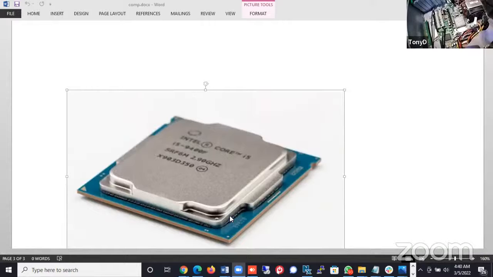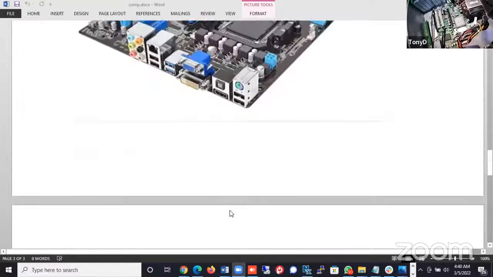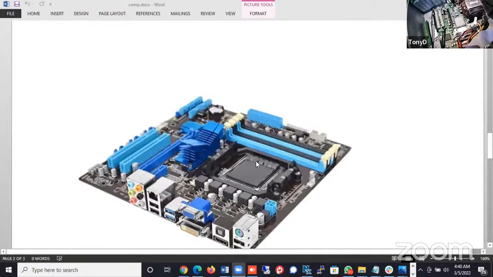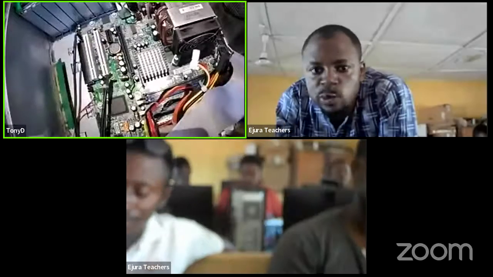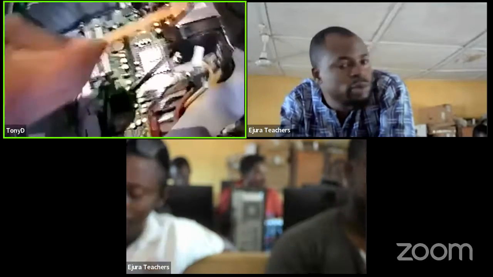And on the motherboard, it sits right here. It sits inside here and it is locked. It sits underneath this big thing right here. You see this big thing?